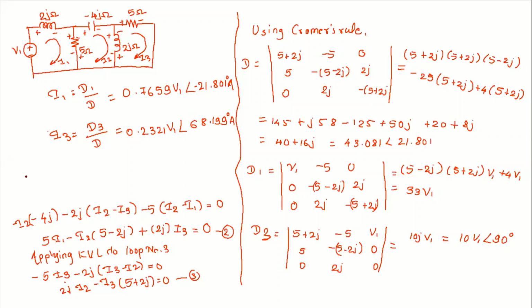And at the end, we have to identify the ratio I1 by I3, which is nothing but 0.7659 V1 at an angle minus 21.801 divided by 0.2321 V1 at an angle 68.199.